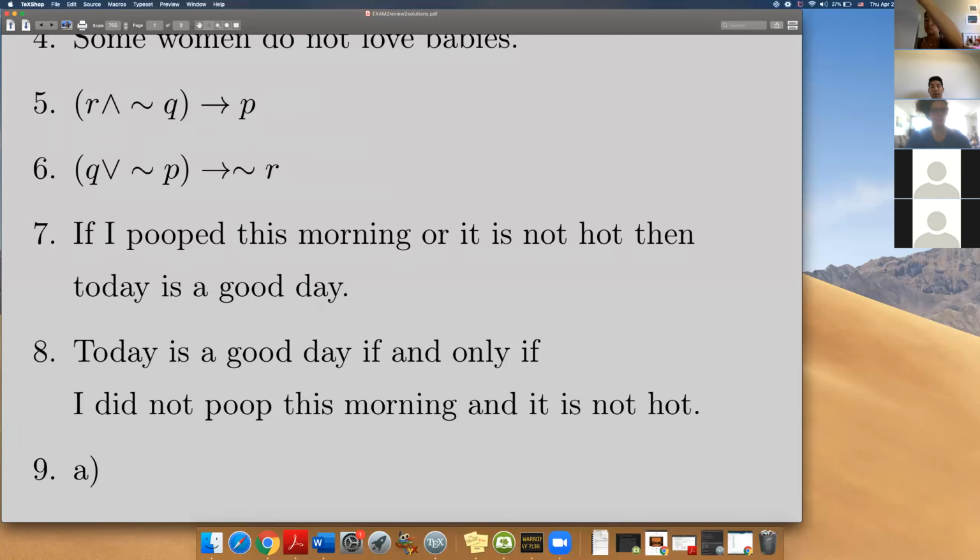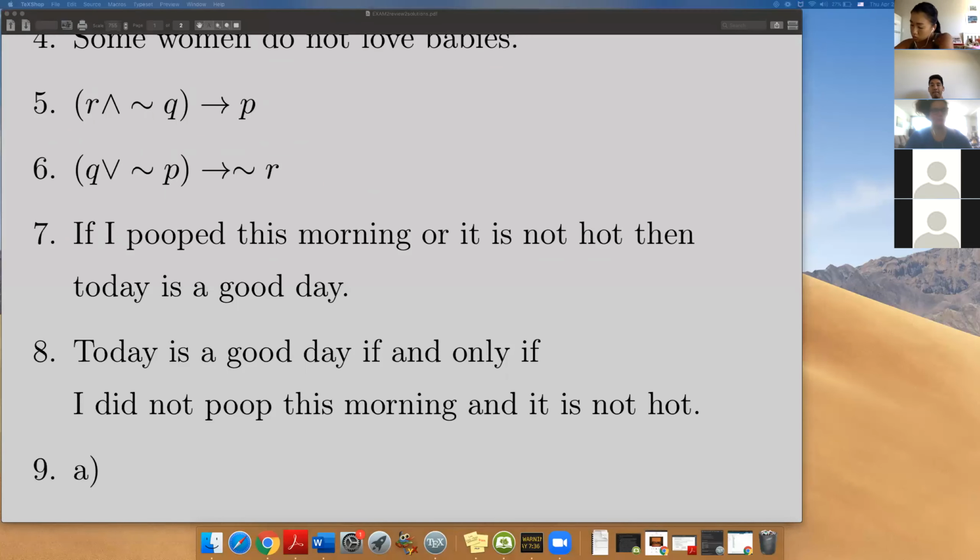Okay, are you ready for number 9? Yeah. Okay. So number 9, just practice the same as last time. Actually, we're using almost the same question, except we just changed around the truth values. So this time P is false, Q is true, and R is true.